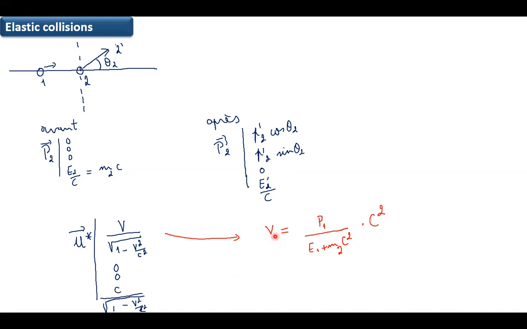And V is the sum of P's over the sum of E's times C squared. You can take it before collision: it's P1 over E1 plus the rest energy of 2, M2 C squared, times C squared.